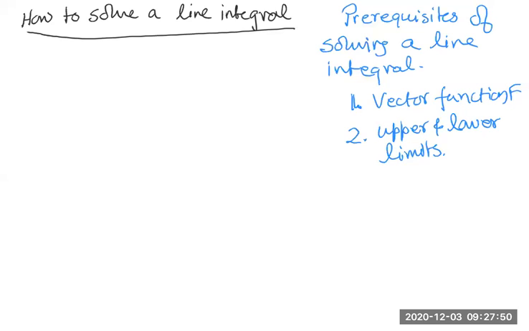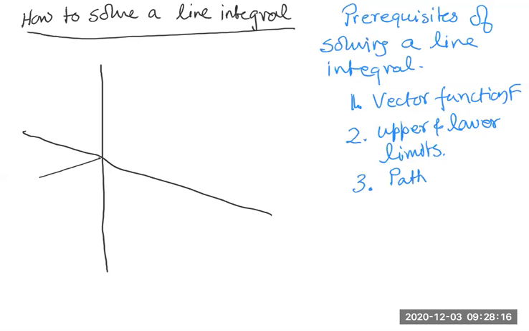So the third thing that we require, the weird thing, is the path followed from the initial position to the final position. So let me tell you what I mean by this. So here we have a three-dimensional coordinate axis, and here we have some position vector Ri, and here we have some position vector Rf.